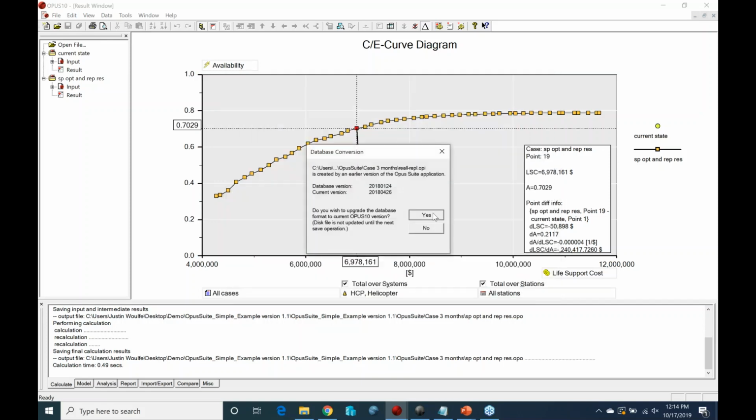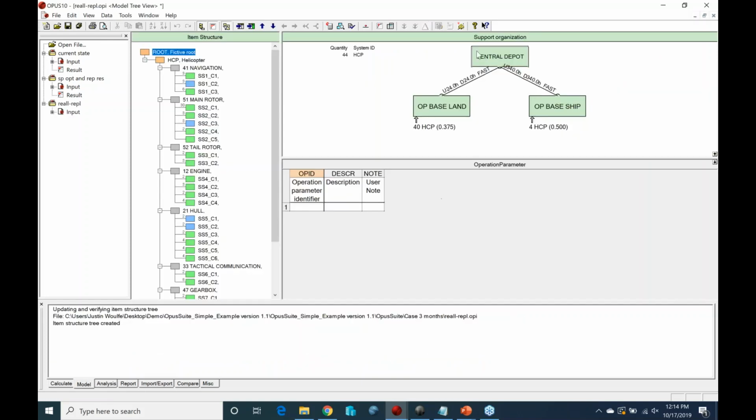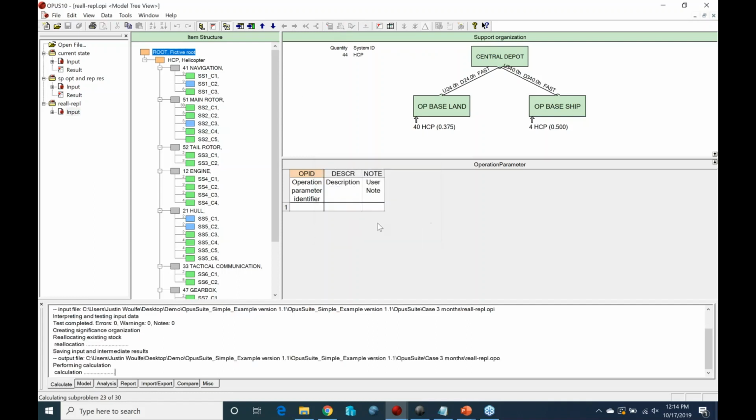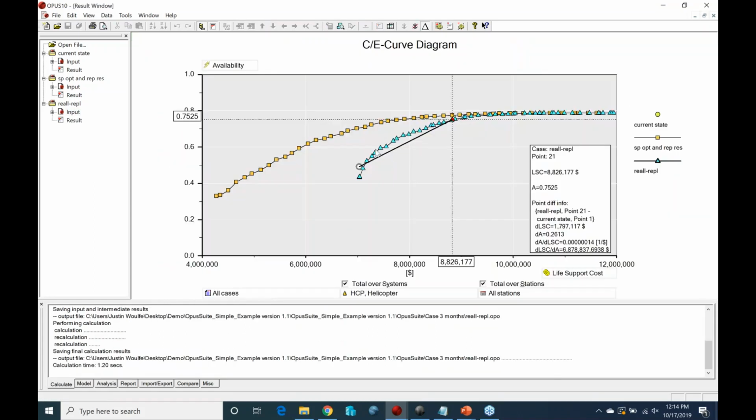Let's see if we can put those people and those spare parts somewhere better, and then give us some options to buy additional spare parts, maybe deploy some additional people, and increase our availability even more. This is the situation we can see here, where if we want to get to that 75% A sub O target, we're going to have to make some strategic investments of about $1.7, almost $1.8 million in order to get there.